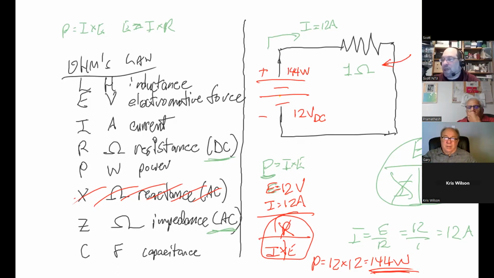If the power supply is putting 144 watts into the circuit, how much should that resistor be putting out? 1 ohm. No, power. How much power? I guess 144 watts. Yeah, there's no other work being done.